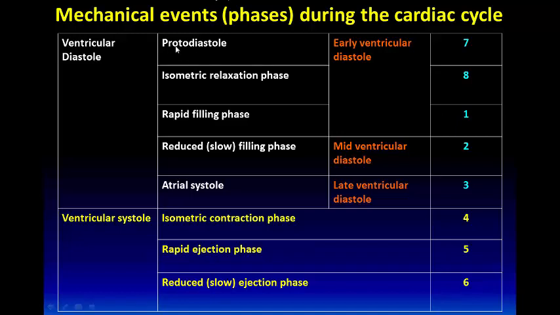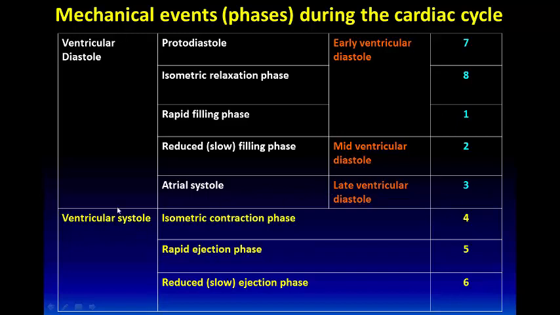We have the protodiastole, then we have the isometric relaxation phase, the rapid filling phase, and these three phases together belong to early ventricular diastole. Then we have the reduced, the slow filling phase, and this phase is the mid-ventricular diastole. And we have the atrial systole, which coincides with the late ventricular diastole.